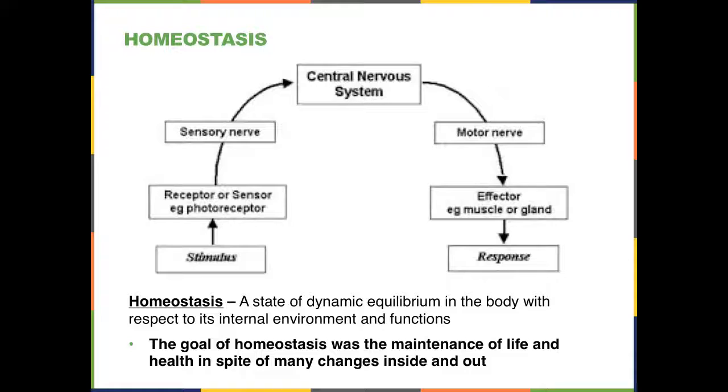That is to say, a static equilibrium is one where the state is the same, but it's the same without any changes occurring. A dynamic equilibrium is a situation where the state is the same, but changes are occurring all the time.